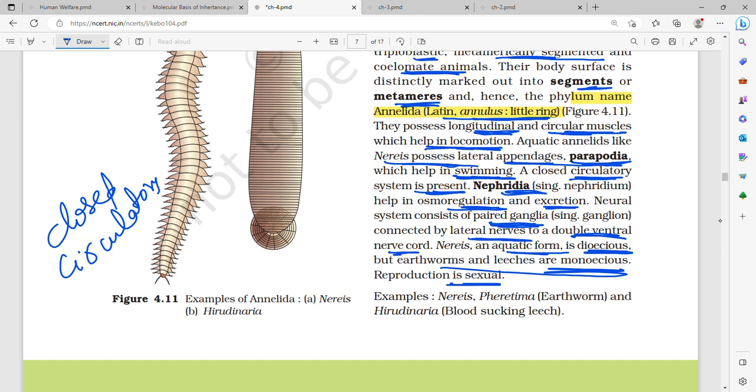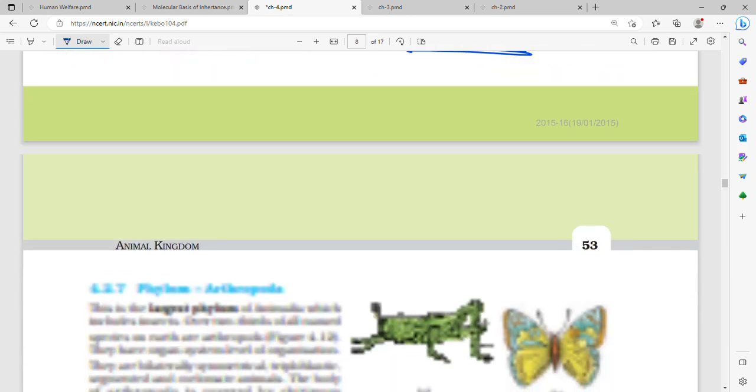Reproduction is sexual. So Nereis is dioecious, that is, sexes are separate, but earthworm and leeches are monoecious or hermaphrodite. Examples: Nereis, Pheretima, that is earthworm, and Hirudinaria, that is blood-sucking leech.